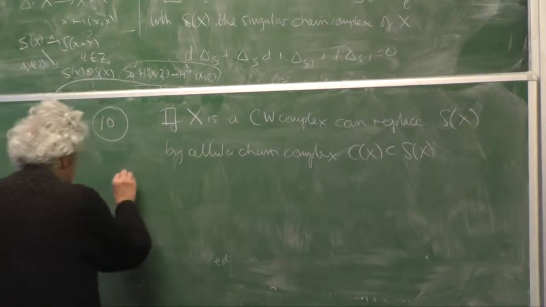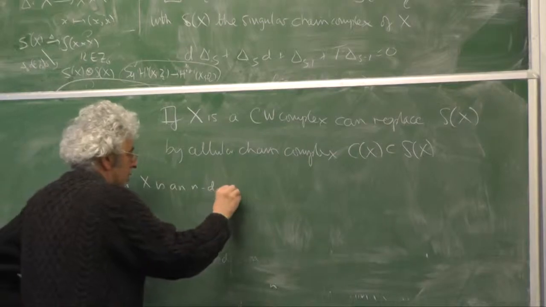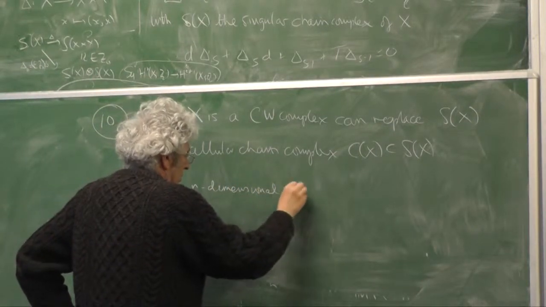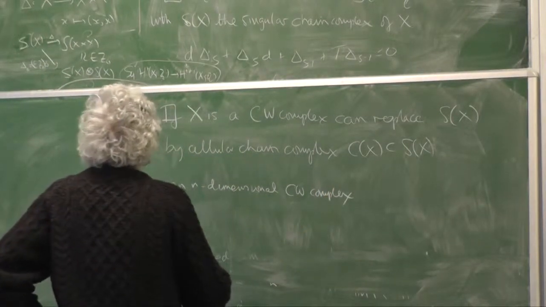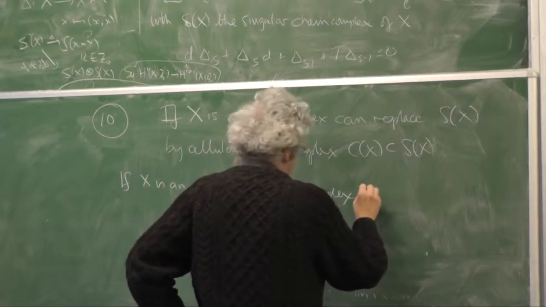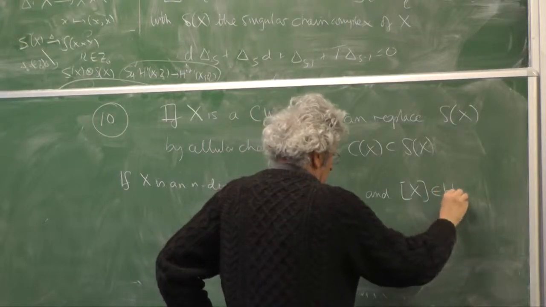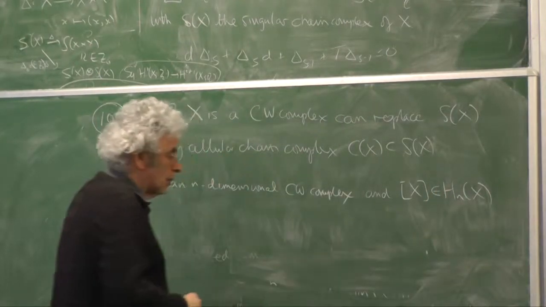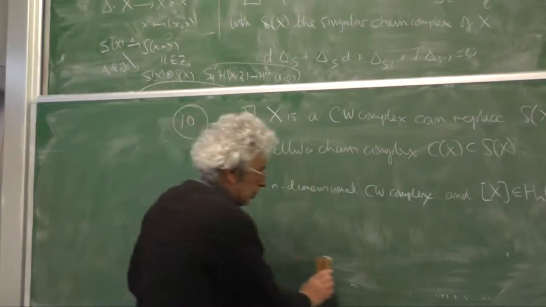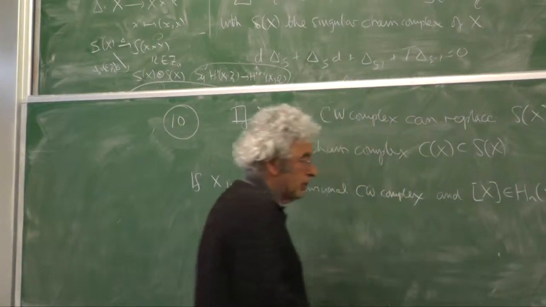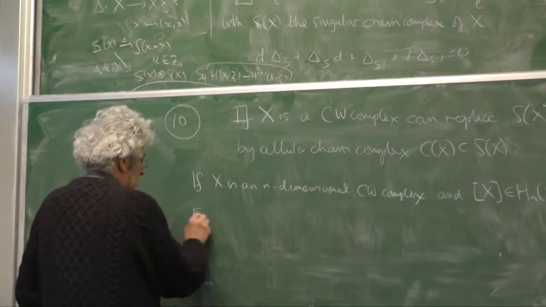And now, if X is an n-dimensional CW complex, so the kind of homological input here is very general. It just has to be a CW complex and a homology class. No local geometry, no Poincare duality, certainly not a manifold. And X has a homology class.